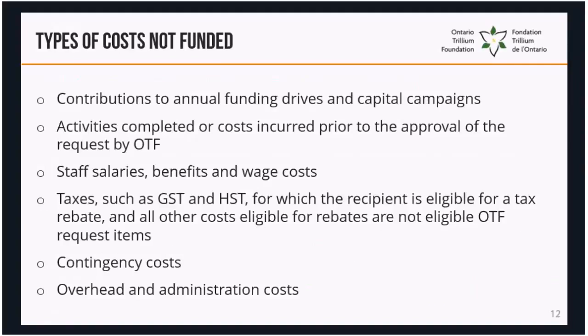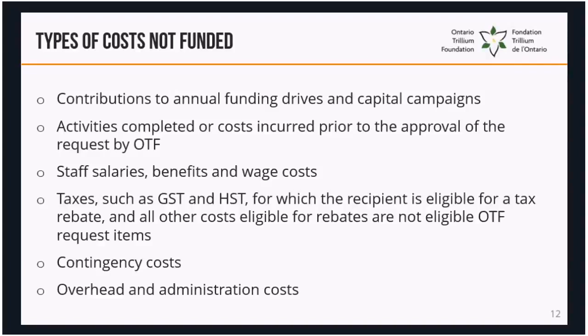The types of costs and projects not funded would be contributions to annual funding drives and capital campaigns, activities completed or costs incurred prior to the approval of the request by OTF, for example, costs including the cost to get quotes, line drawings, etc., incurred prior to approval of the grant or in order to get necessary documentation to apply for the grant.